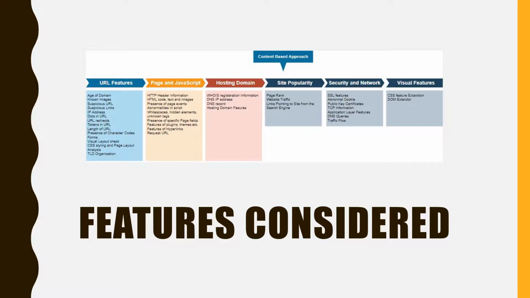So here are the features that are taken into consideration for this proposal. URL features like age of domain, known images, suspicious URLs, suspicious links, IP addresses, dots in the URL, URL redirects, tokens in your URL, length of the URL, presence of the character codes, forms, visual layout check, CSS styling and page layout analysis, and TLD organization.